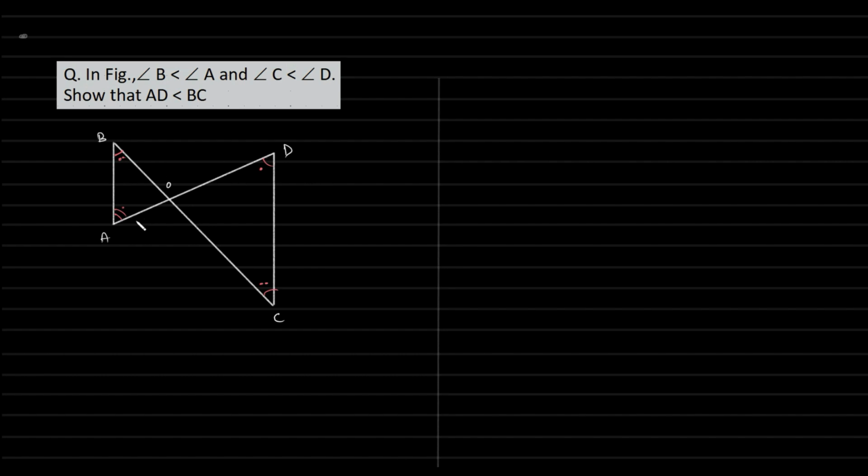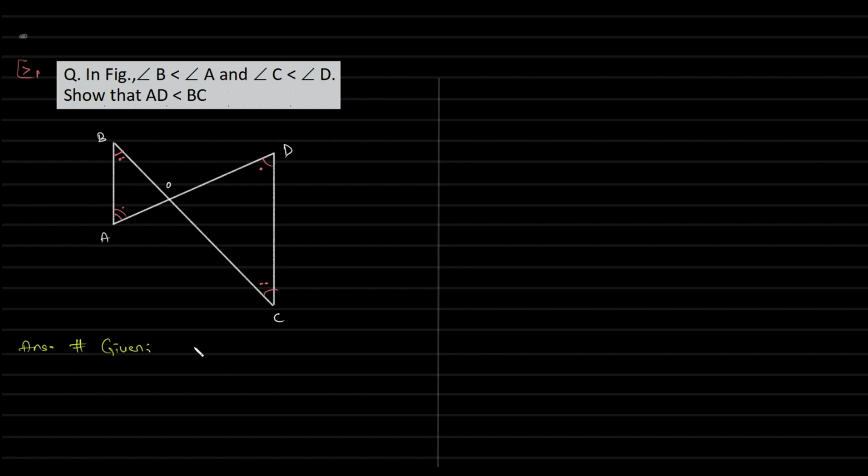Show that AD, this entire length, is greater than BC, this entire length. So again, I would like you guys to pause, think over what is given, what is that we need to do. So what is that we have been given?